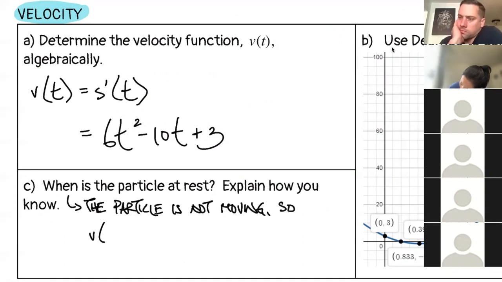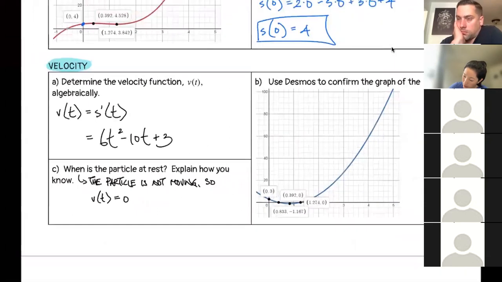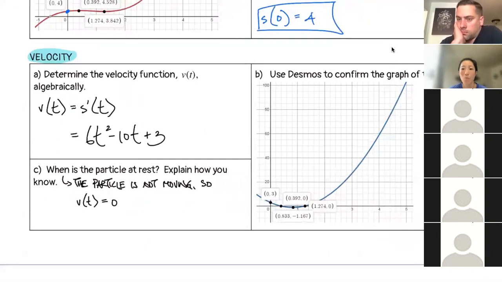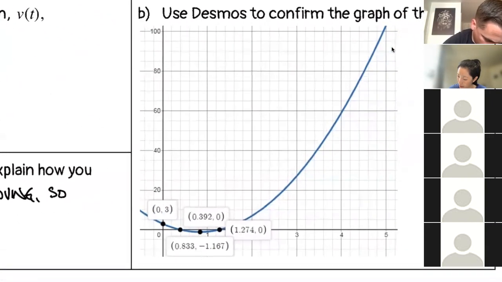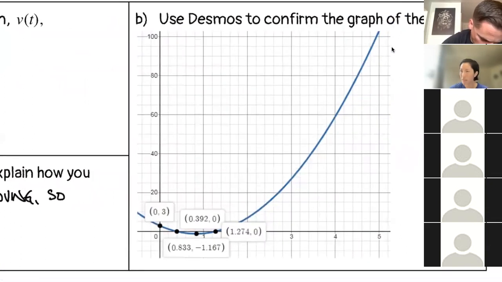So v of t, what can we say about the velocity? The velocity is going to equal 0. Well, let's see. Where is the velocity equal to 0? I wonder if we look at the velocity graph, is it easier to tell where that velocity is 0?